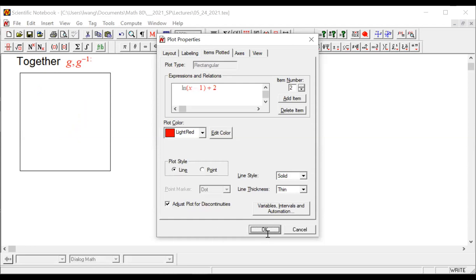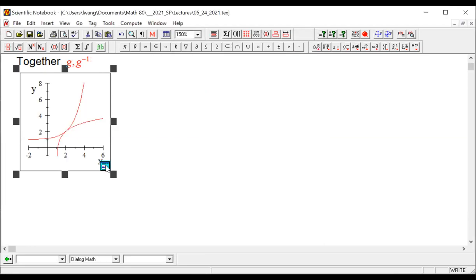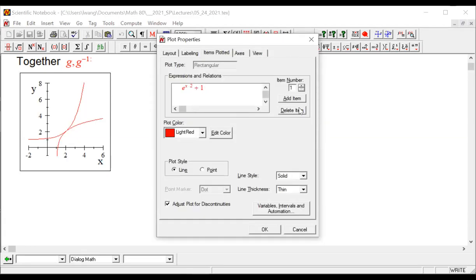I'll still be using the red, and in terms of domain and range, everything else, I'm making some adjustment. Y equals x, that green line of symmetry.